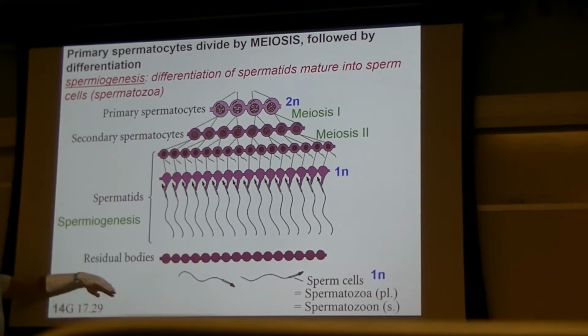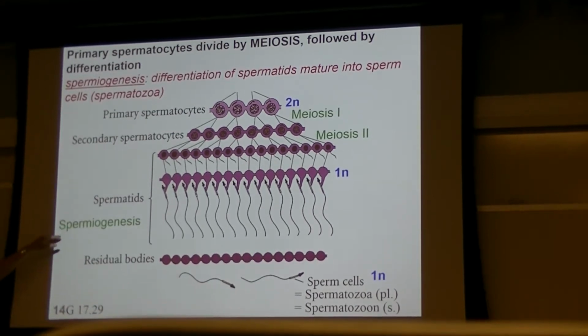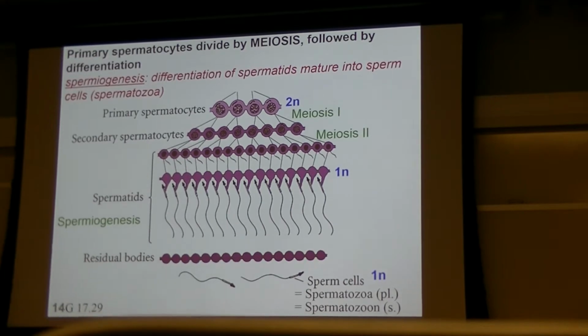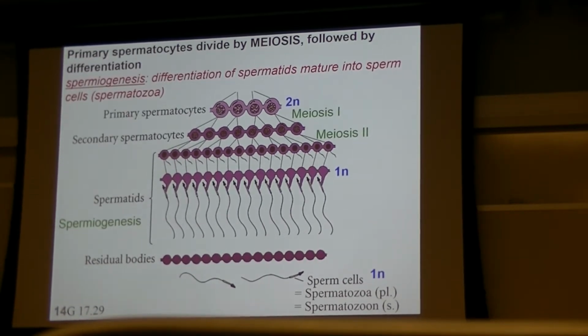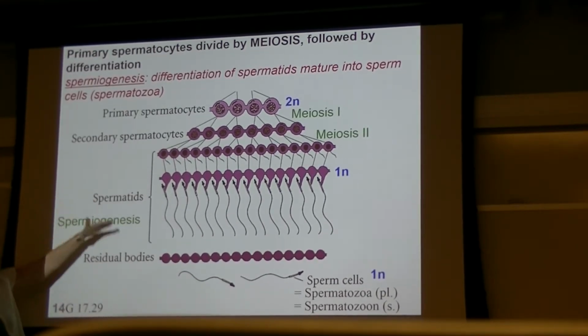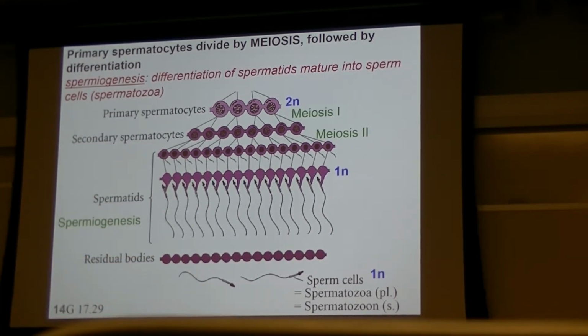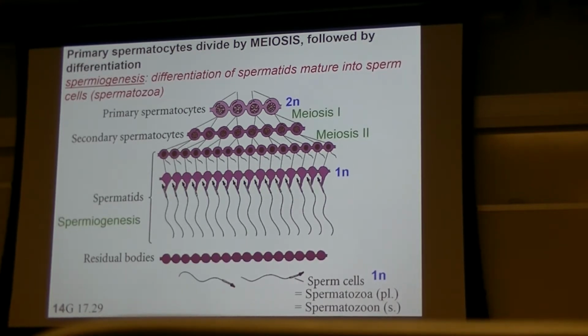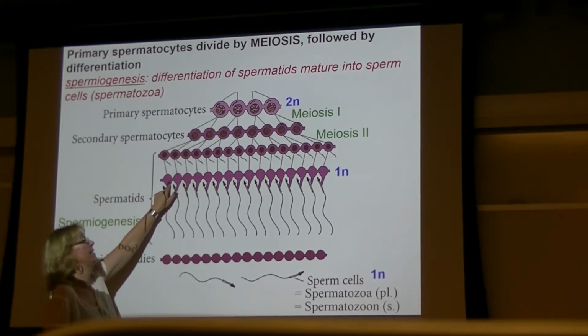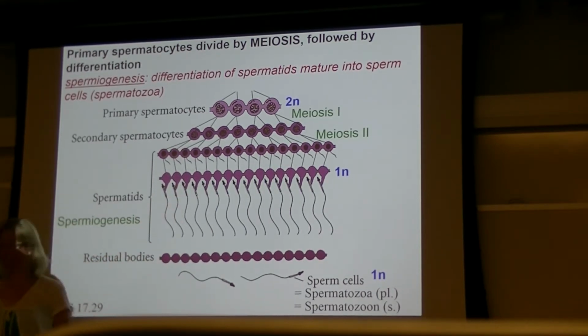So then we have a specialized word here too, another sperm word. Spermiogenesis is the process of converting the spermatids to mature sperm cells. And there are a number of different events that happen along the way to do that. And one of the things is that here you can see all these purple blobs.